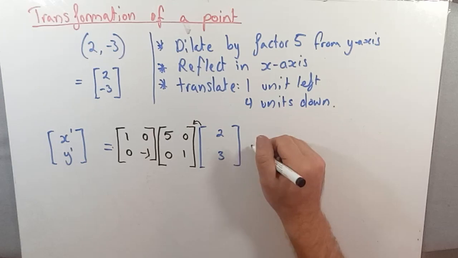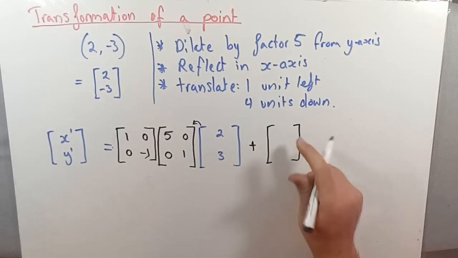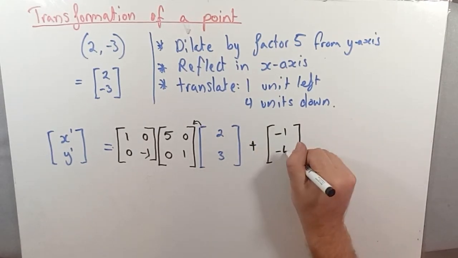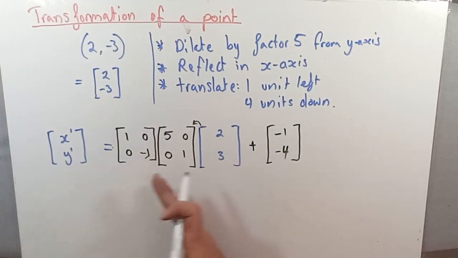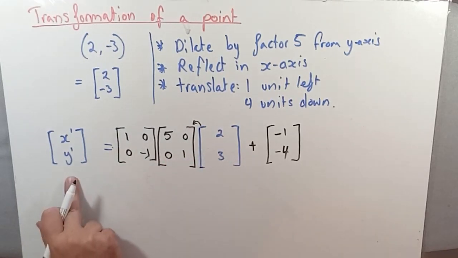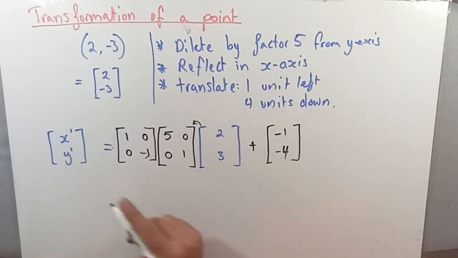And then I'm going to translate. Translation, I just add on my translation matrix, A and B, 1 unit to the left, 4 units down, and that's it. If I multiply and do this sum, it'll give me the image of this point. I could do that in my CAS quite easily, or I could do it by hand.